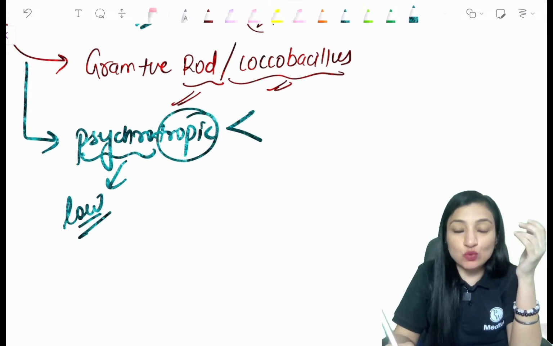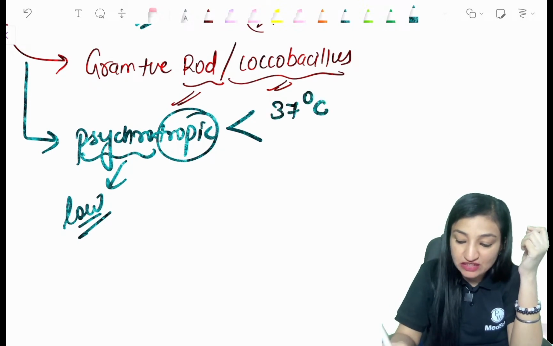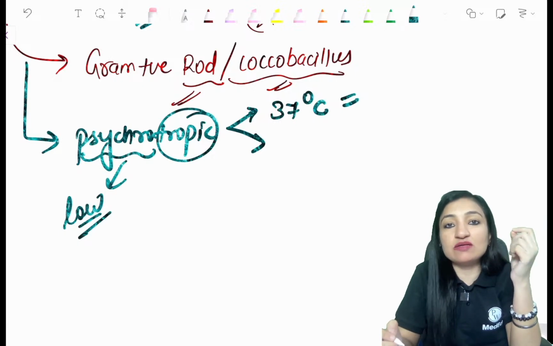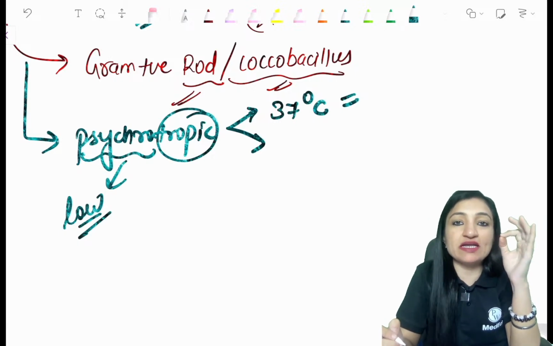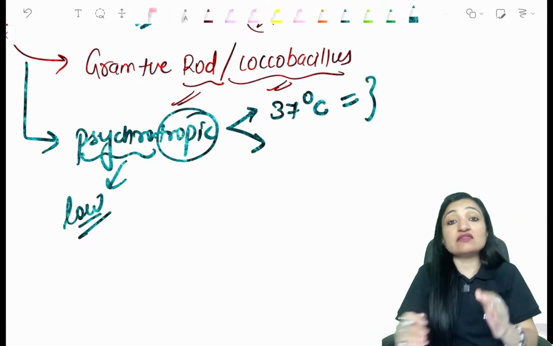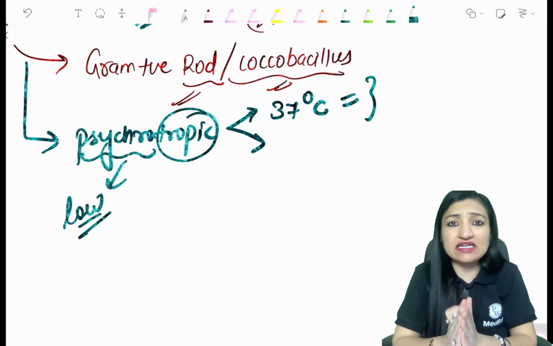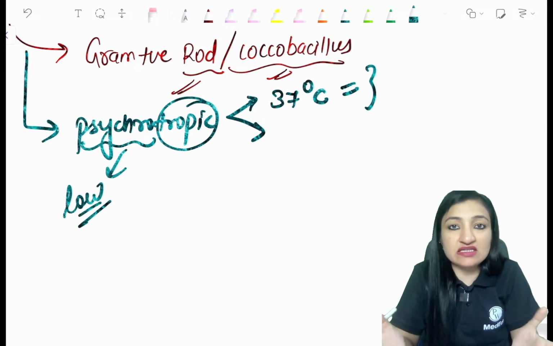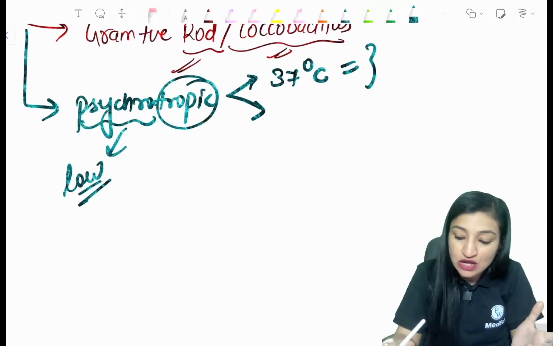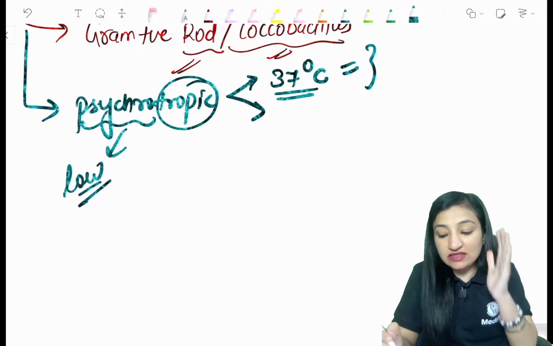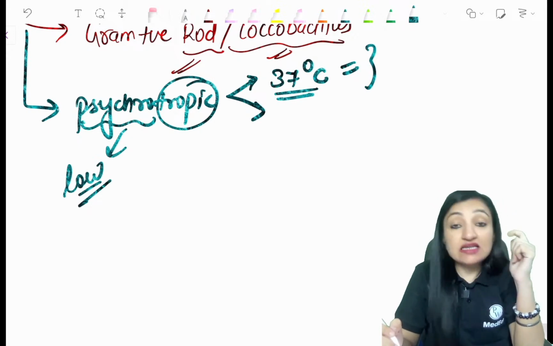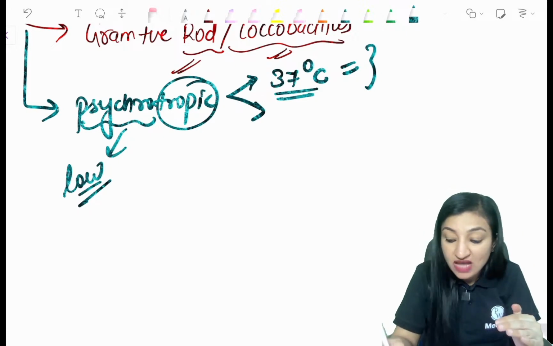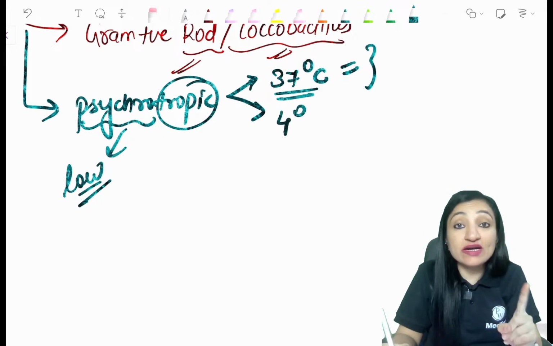Psychrotropic organisms grow at 37 degrees Celsius, obviously, because that is the human body temperature and these organisms are medically significant, otherwise how will they trouble us? Listeria monocytogenes in addition is going to grow at a lower temperature also. How low? It is going to grow at 4 degrees Celsius.